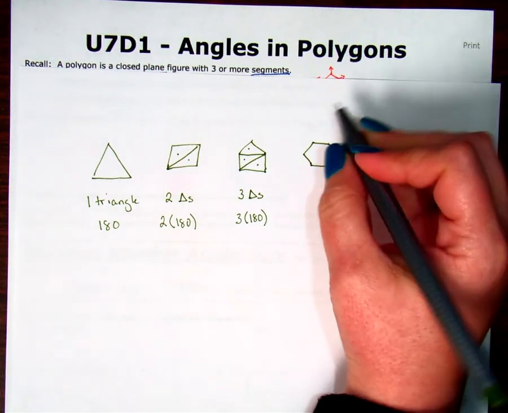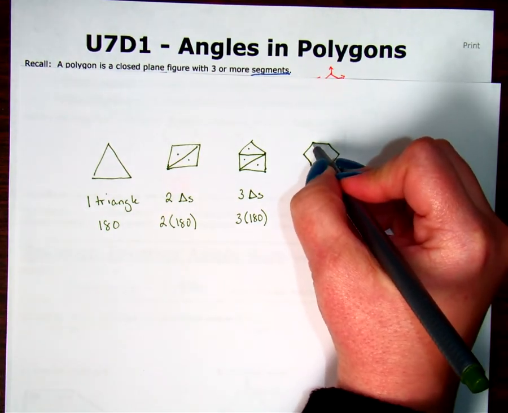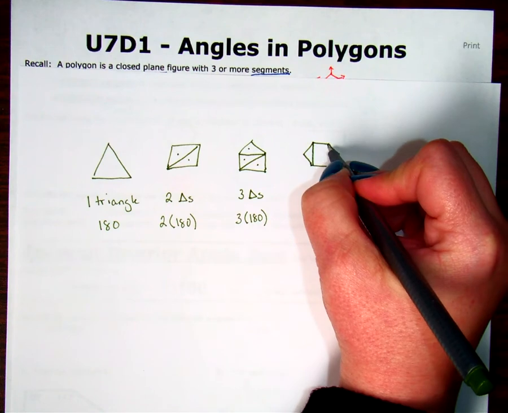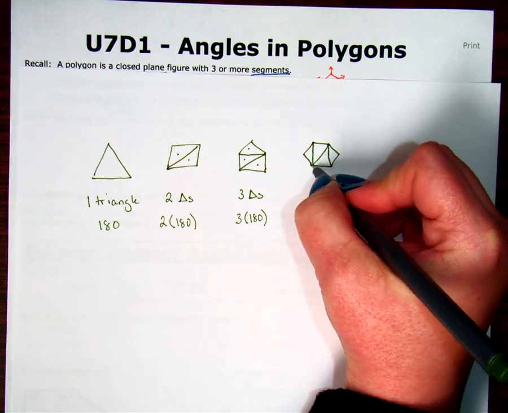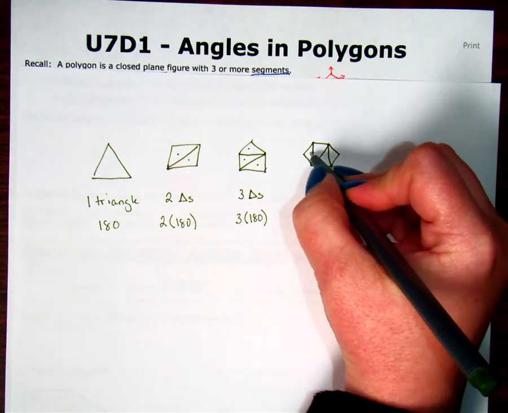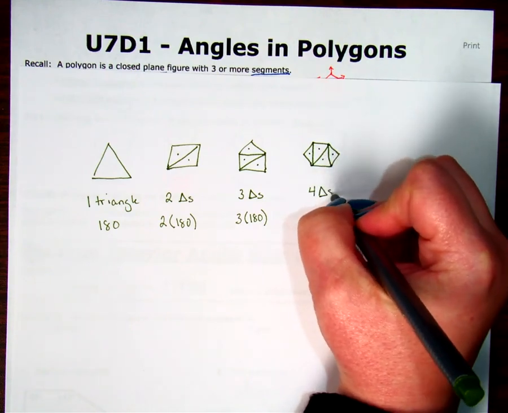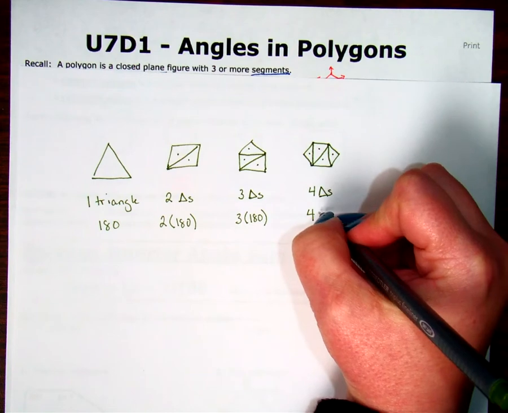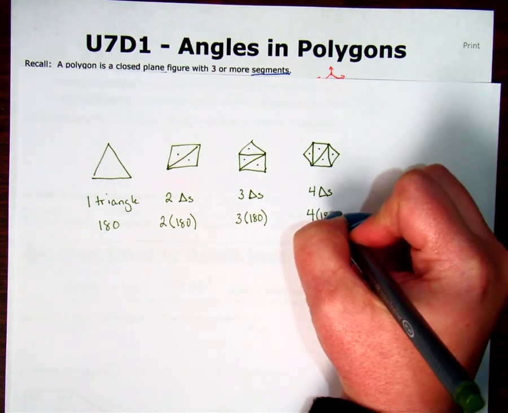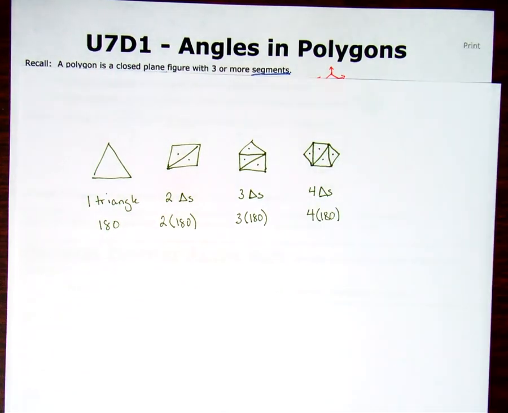So if I want to take this and divide it into triangles, I would probably do something like this. Okay, 1, 2, 3, 4. 4 triangles is going to be 4 times 180. Well, look at how many sides each one of these has.